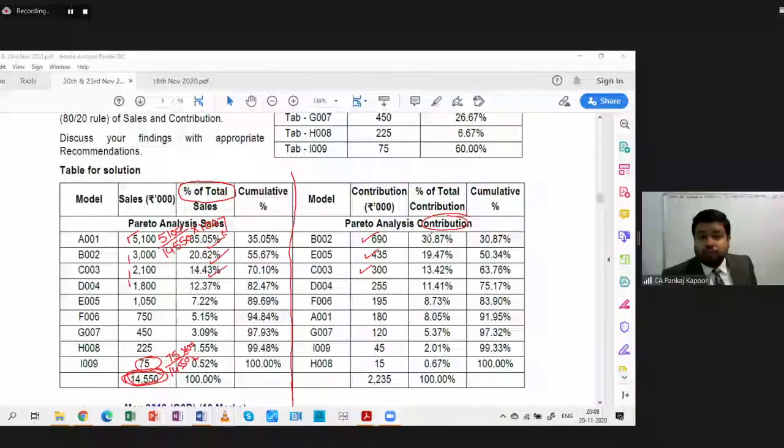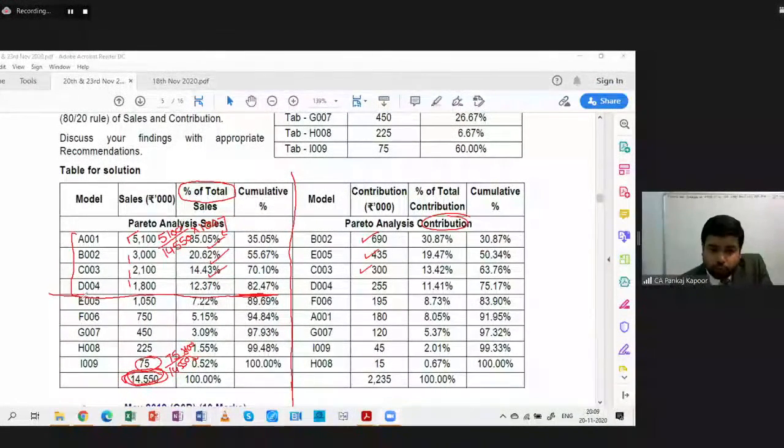Friends, so here we can say that if we consider the sale, what are the 4 products which help us to earn around 80% or more than 80% of our revenue? These are the 4 products. Agreed? Because what is a Pareto? Pareto ultimately helps us to identify the vital few.